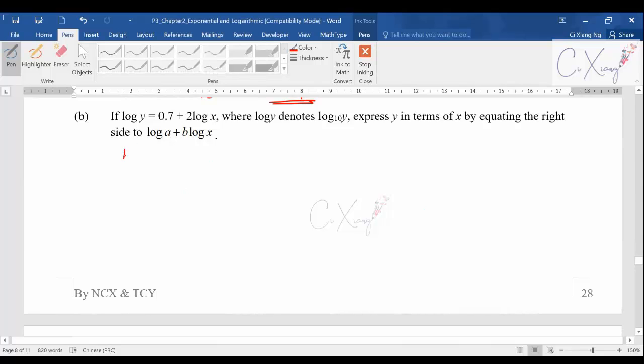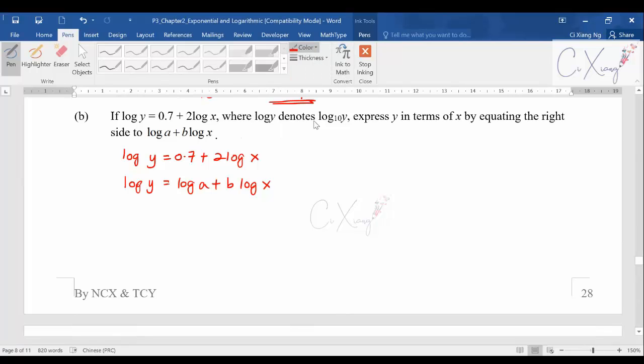Okay, so for part B, the original equation is log y equals 0.7 plus 2 log x. So they want you to equate the right hand side to log a plus b log x. Then again, you can do the direct comparison.